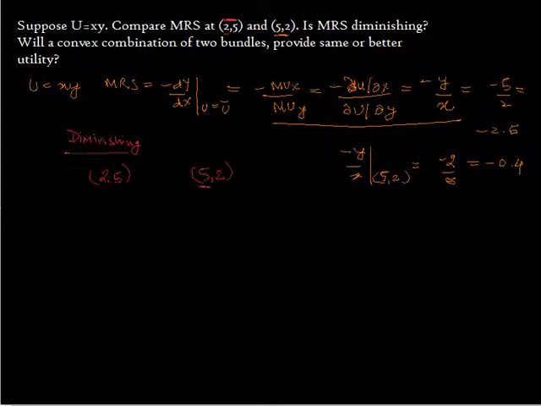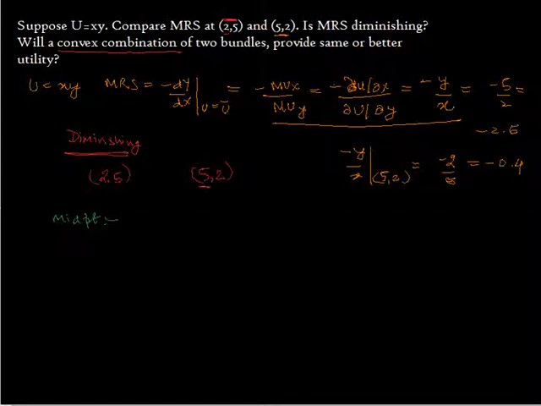Now the other thing which has been asked is whether a convex combination will give a better utility. At this stage, assume a midpoint of the two bundles. A midpoint is also a convex combination, when the line is being divided in the ratio 1/2, 1/2, or 1:1.